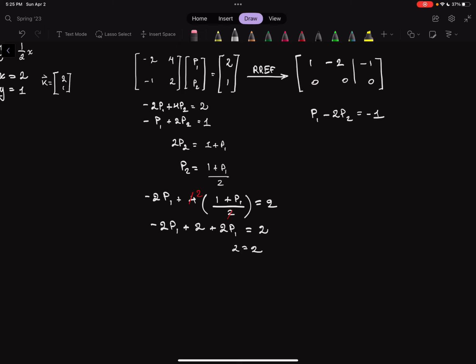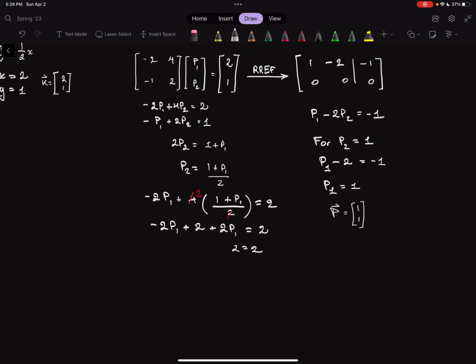So let's say that for P2 equal to 1, then we're going to have P1 minus 2 times 1 is equal to -1. So P1 is equal to 1 as well. So we get that the P vector now is 1, 1.